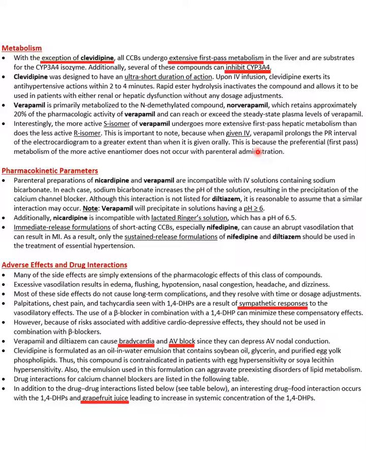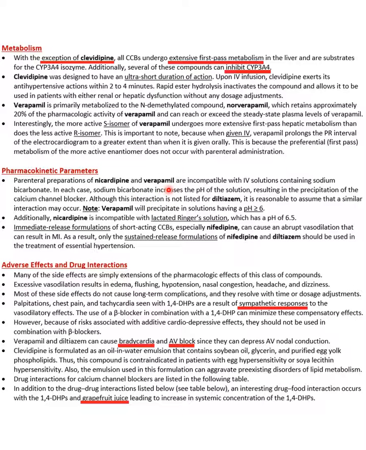If you give the same dosage IV as you give it orally, then you will have a higher effect of the verapamil, a prolonged PR interval on the electrocardiogram, which means that the block of the conduction of the heart rate will be longer. Okay, so just something to keep in mind. Next, let's talk about some pharmacokinetic parameters.